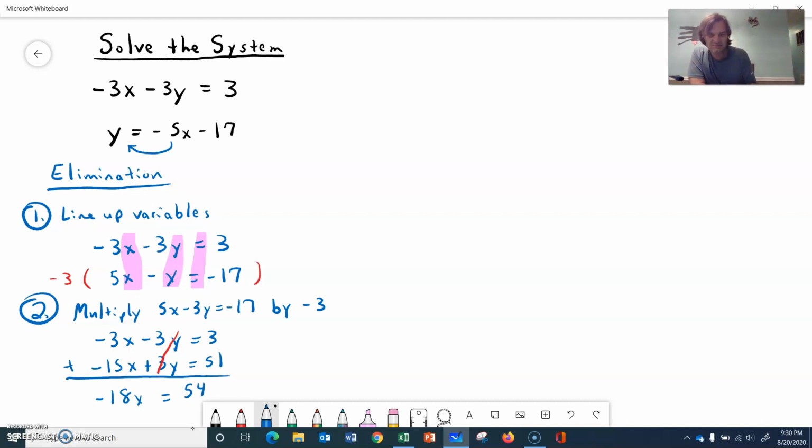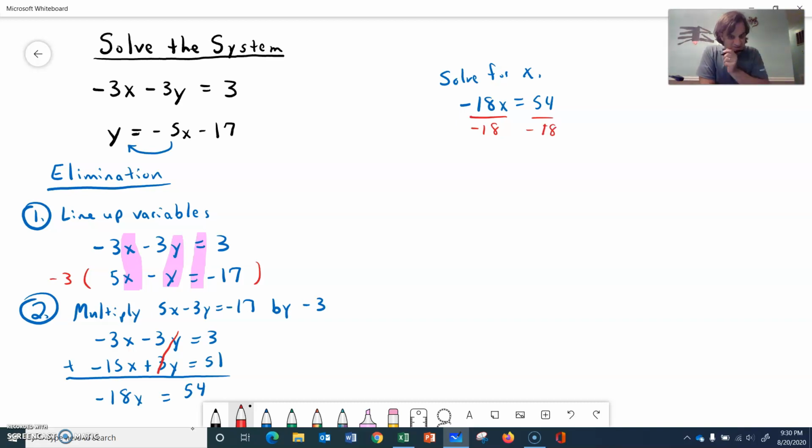So bringing that up, I'm going to take -18x equals 54, and I'm going to solve this one for x. So I'll divide both sides by -18. And if everything is going correctly, which seems a little out of place here, let's pick up my calculator.